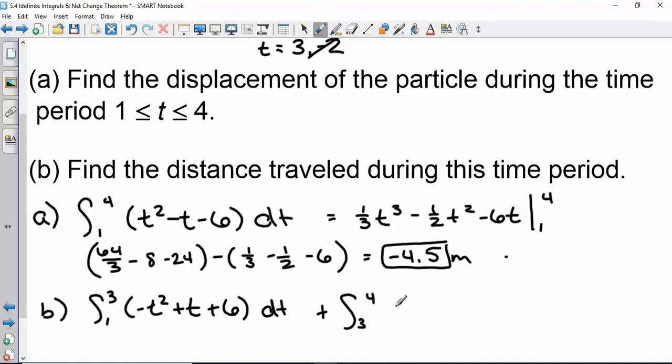Okay, if I put in something between 3 and 4, or even if I put in a 4, I get a positive, so an absolute value wouldn't change it.